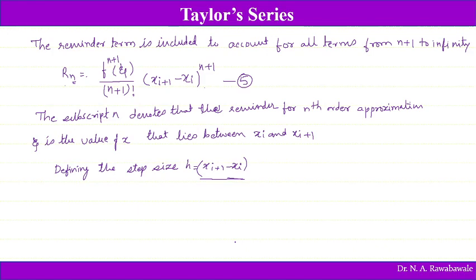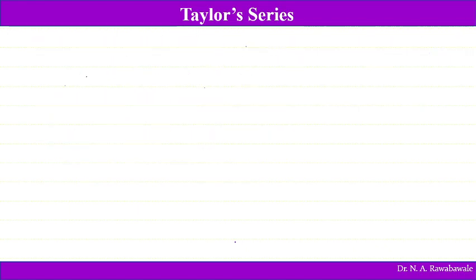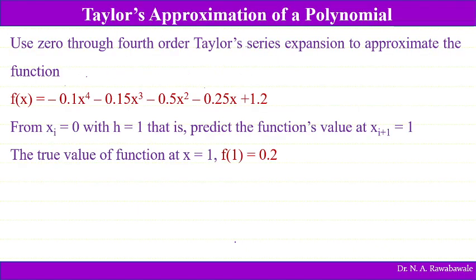Now we see Taylor series approximation of a polynomial with the help of a numerical. Say, for example, this is a numerical problem: use 0 through 4th order Taylor series expansion to approximate the function.